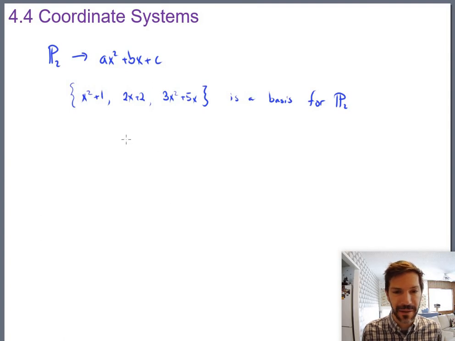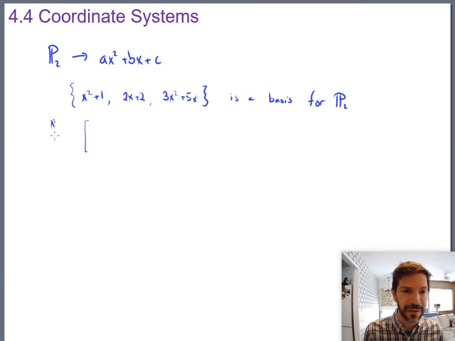In case that's hard to see, it's easier maybe to think of this same basis as vertically written vectors, where you've got the x squared coefficient, the x coefficient, and the constant coefficient. So this first one would be 1, 0, 1.